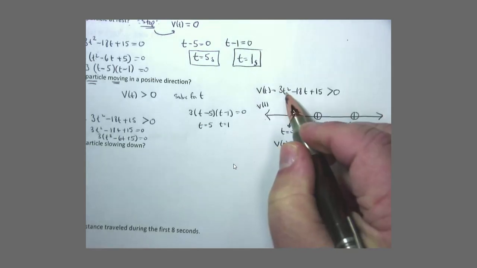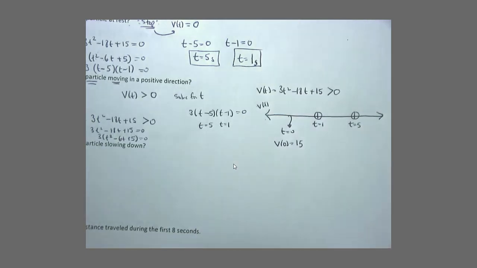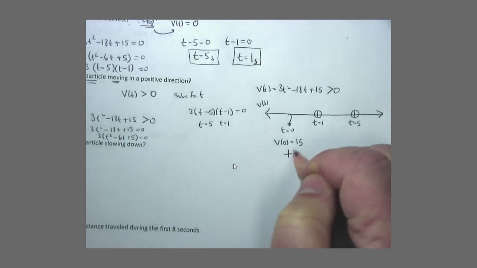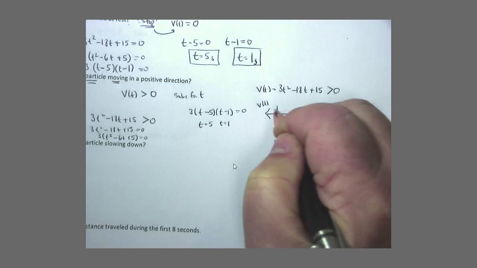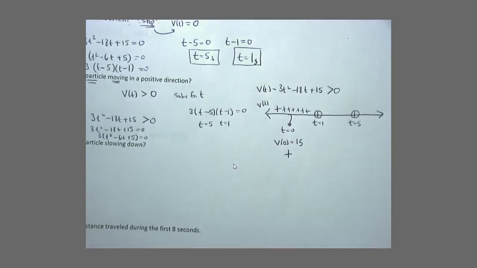That'll be 3 times 0 squared minus 18 times 0 plus 15, which is equal to 15. Don't care what the number is. What's the sign of it? It's positive. So this thing's moving positive 15 feet per second. Because it's positive, we know it's moving in a positive direction. Everything is moving in the positive direction in that time interval. All you got to do is pick one test point, plug it in, and see if it's moving in a positive or negative direction.